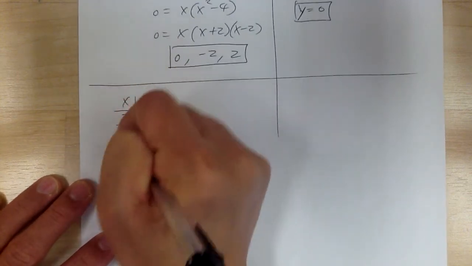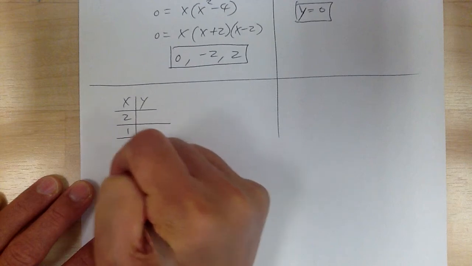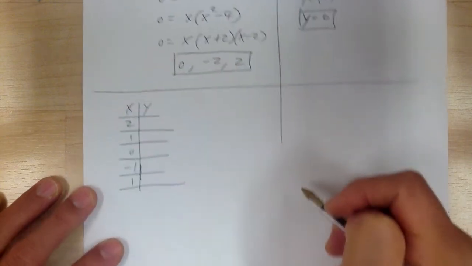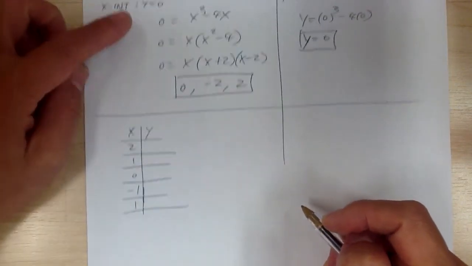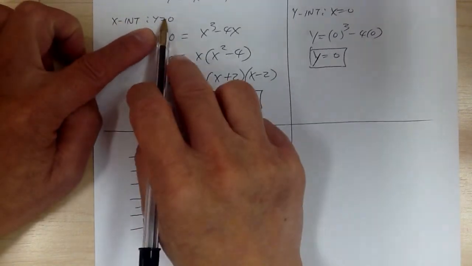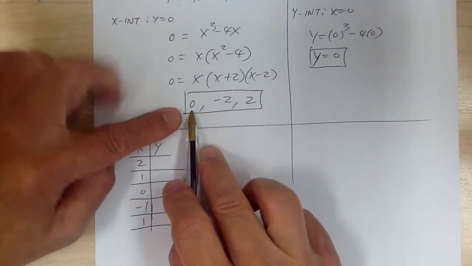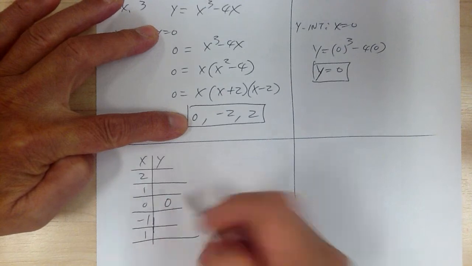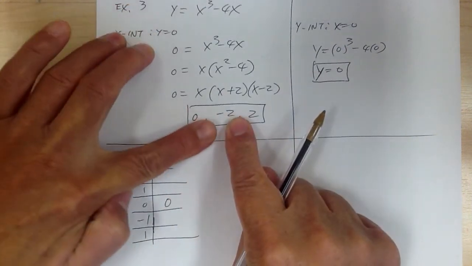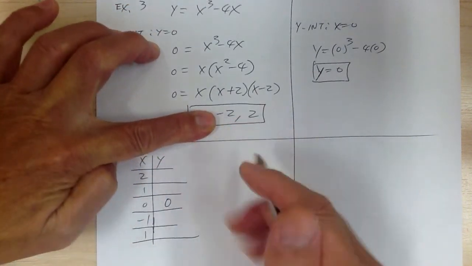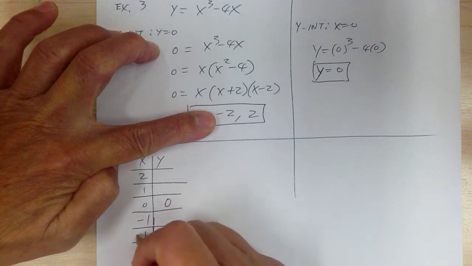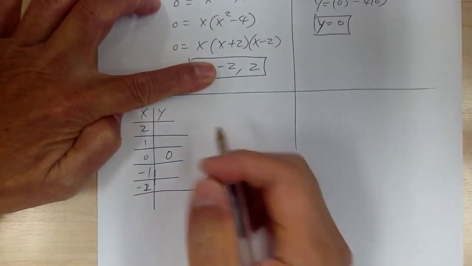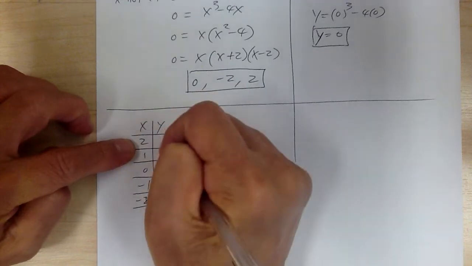So again, I want to do the 2, the 1, the 0, the negative 1, the negative 2. For this one, y equal to 0 when x equal to 0. Over here, see that? When there's a negative 2, you're also going to get y equal to 0, and at 2, you're going to get 0.